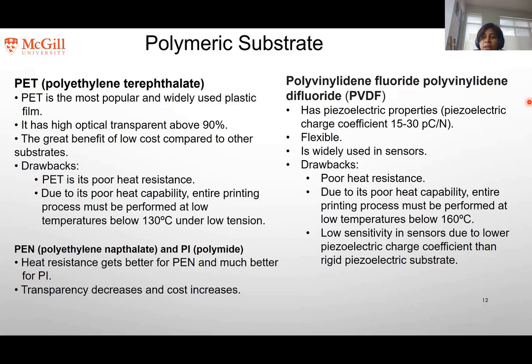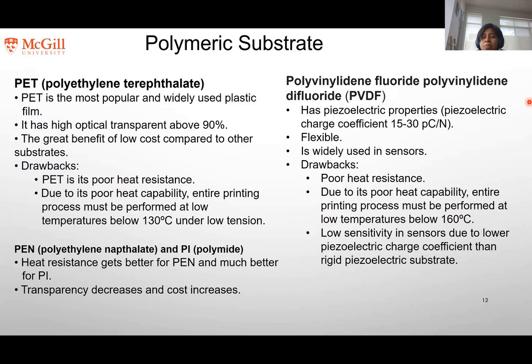Conventionally, what we use for piezoelectric substrate is quartz or PZT, and those have a piezoelectric charge coefficient of more than 200 picocoulomb per Newton. So definitely when you make acoustic sensors out of PZT or quartz, the sensitivity you get out of them is way higher than what you make with PVDF.